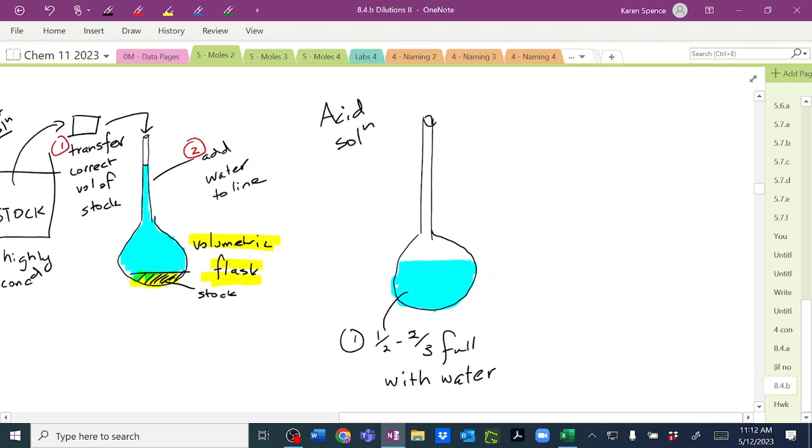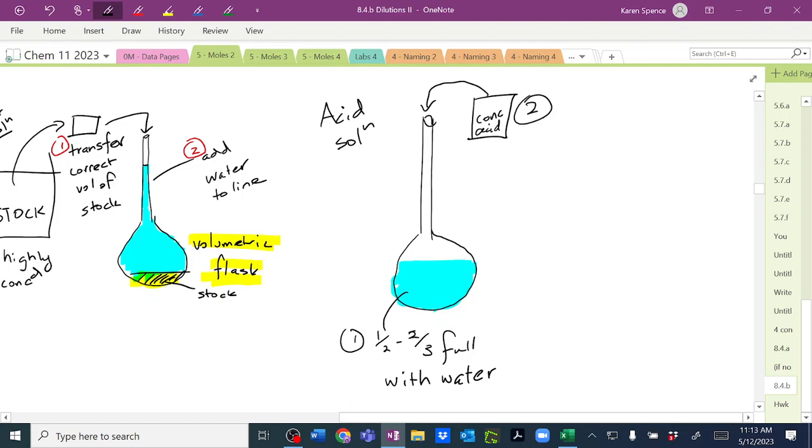What are we going to do second? Now we're going to add the concentrated acid. I know it doesn't come as a square. I should be drawing a volumetric pipette, but drawing a volumetric pipette is difficult. Drawing a square is easy. Okay, so here comes our concentrated acid.